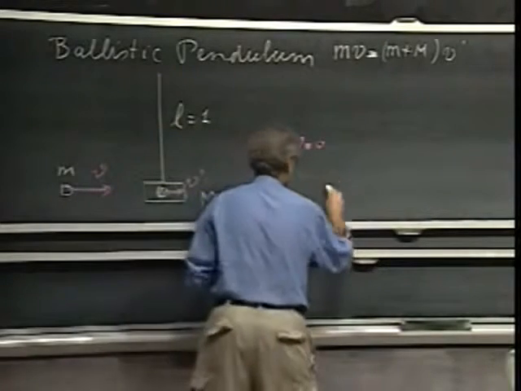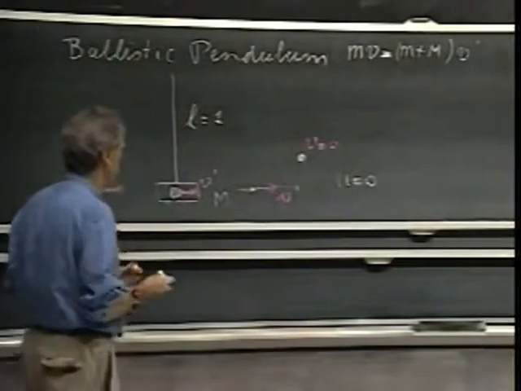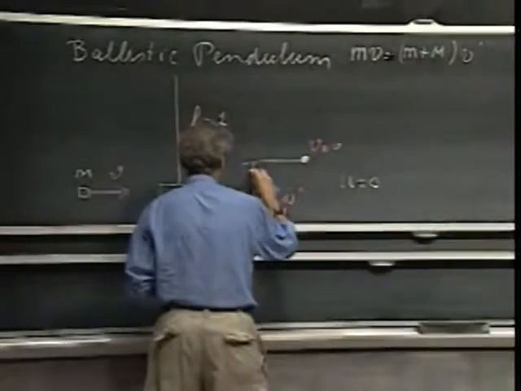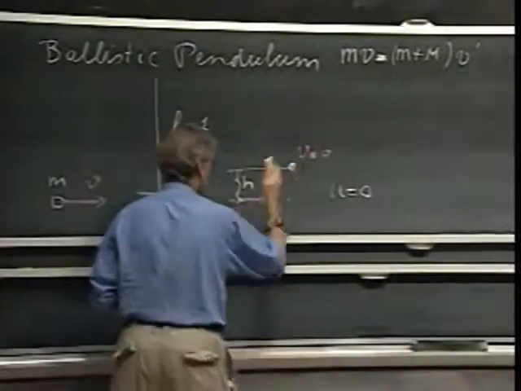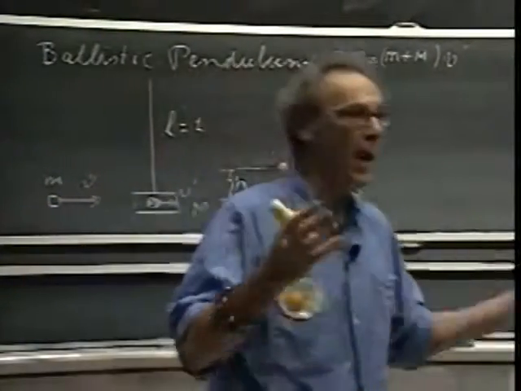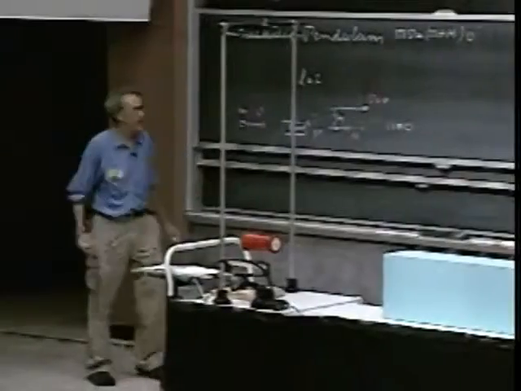no gravitational potential energy. I can call this level U equals 0, but right here, if this difference in height is h, then all the kinetic energy has been converted to gravitational potential energy. So we apply the work energy theorem, or you could say it's equally valid, you could say we apply the conservation of mechanical energy.